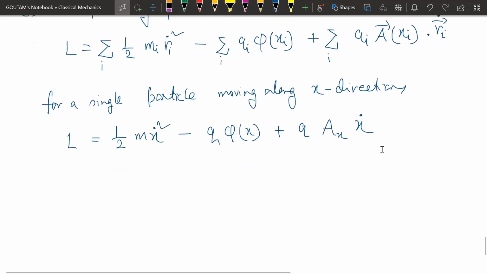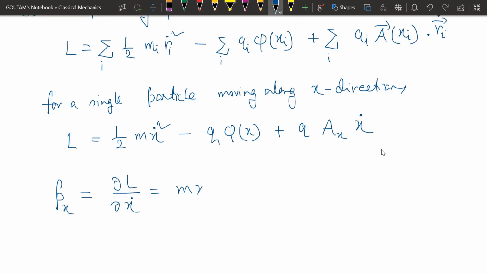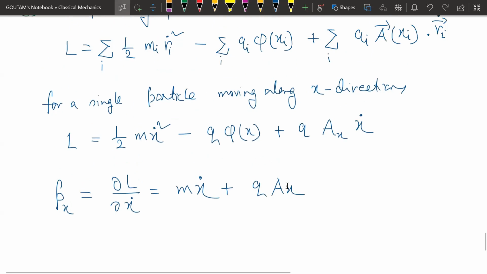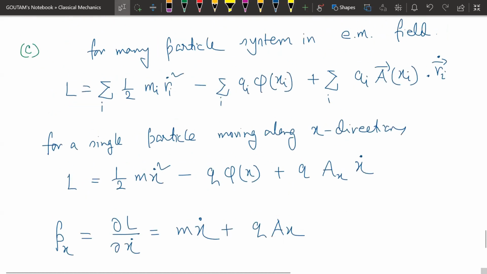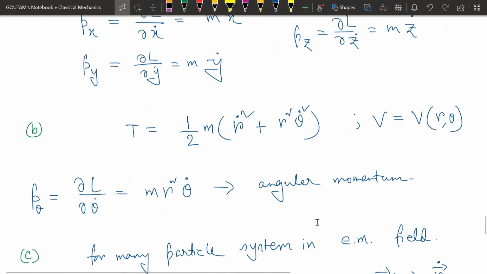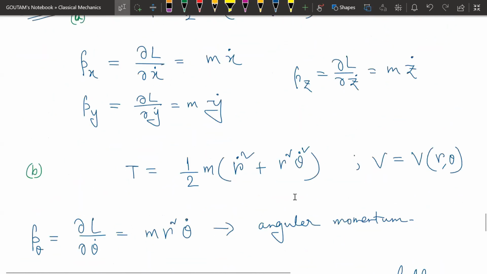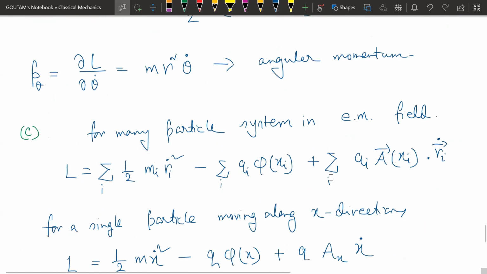In that case, the canonical momentum corresponding to the x coordinate will be px equal to del L del x dot, which will be m x dot plus q Ax. And this is not the same as the linear momentum. So by the term canonical momentum, it doesn't always mean that we will get the linear momentum. It can be linear momentum, angular momentum, or something else.